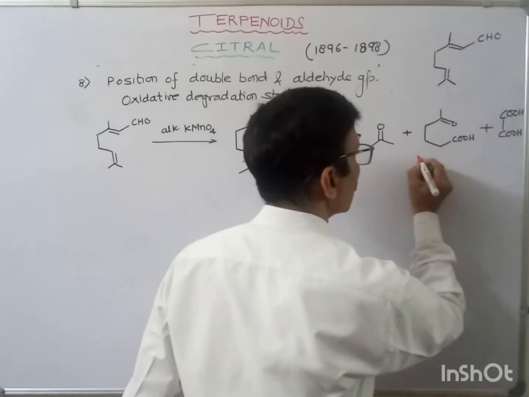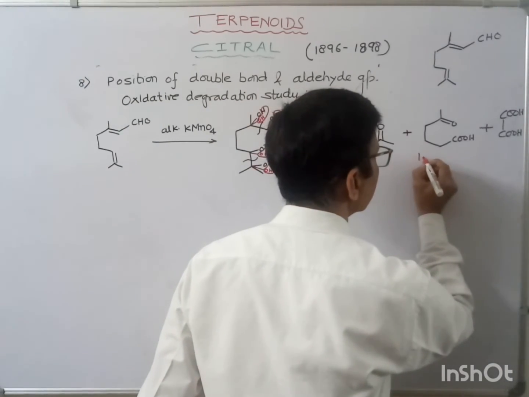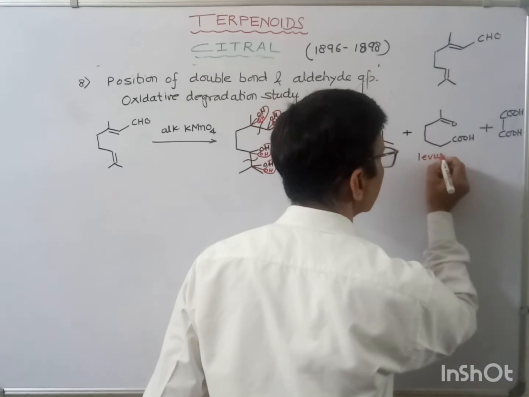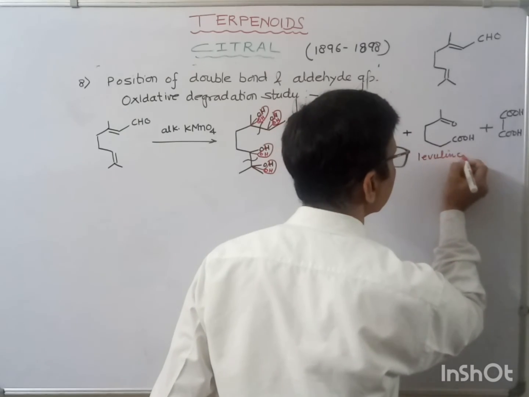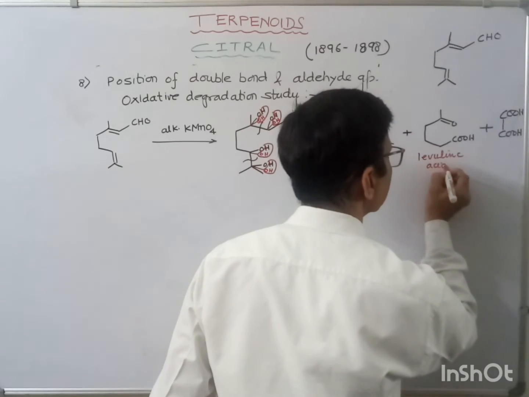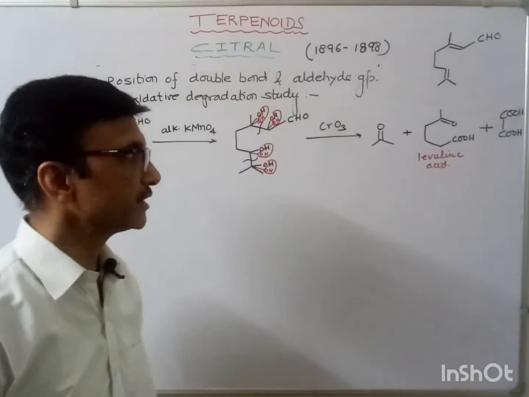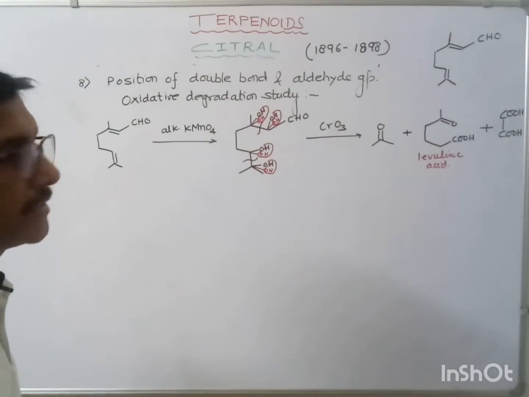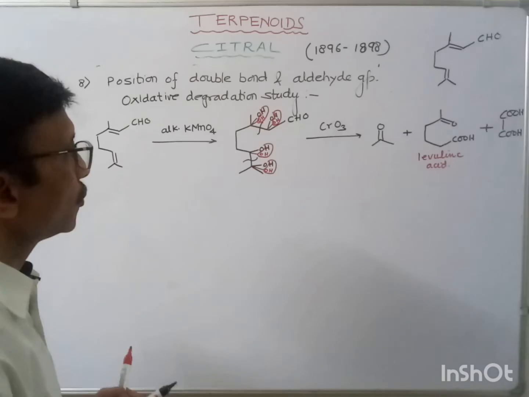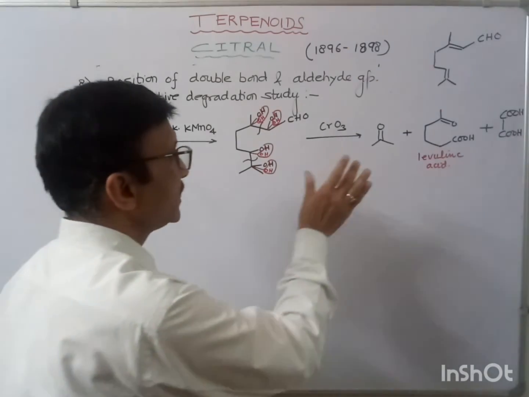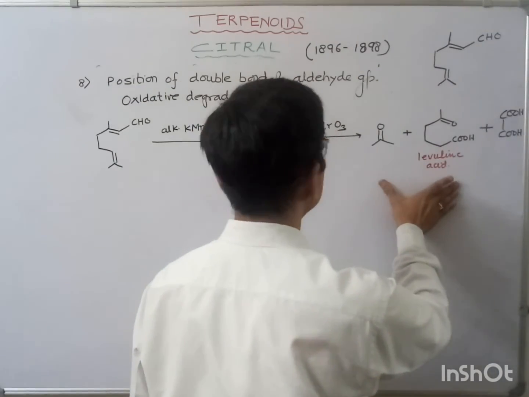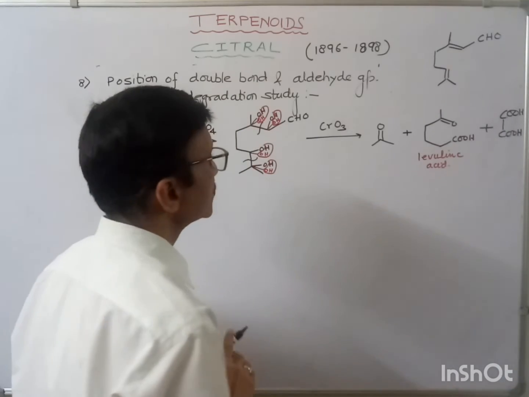This is called levulinic acid. So these are the degradation products. By seeing these degradation products, it confirms the presence of the double bond.